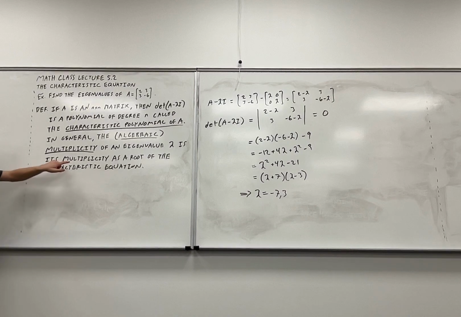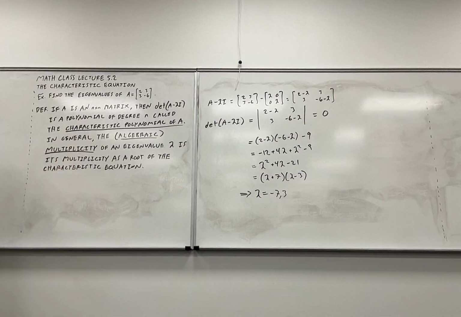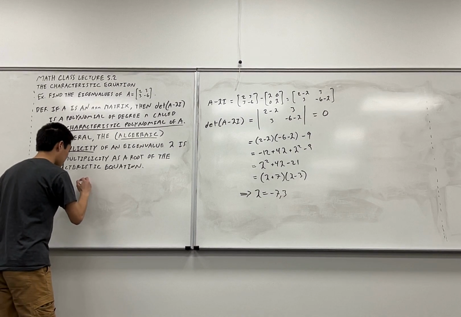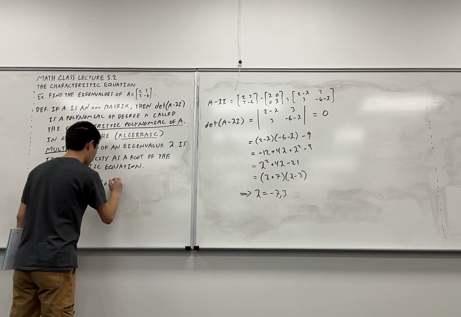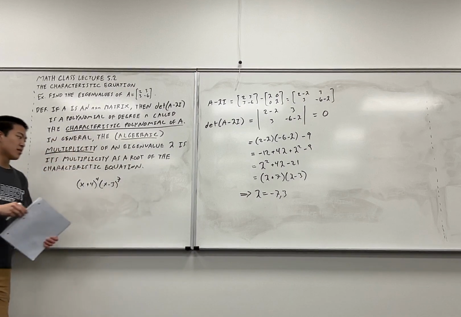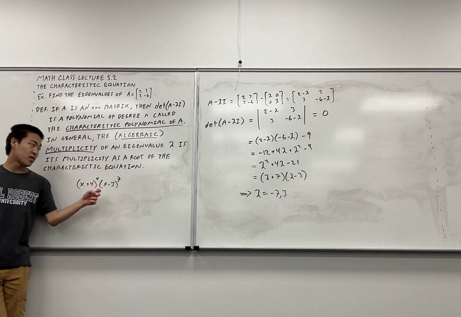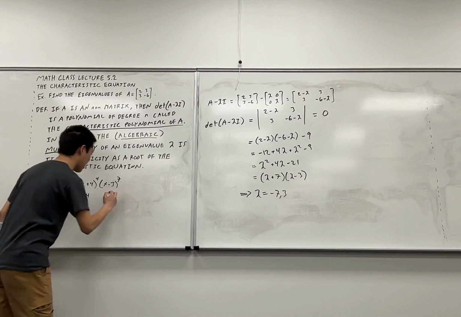Close to. But what makes it not is because multiplicity for matrices and eigenvalues is a distinct concept from multiplicity of polynomial roots, which is something that I presume you have heard about in your Algebra 2 classes or college algebra. So that would be like if I had just in algebra x plus 4 to the 4th power times x minus 3 to the 7th power, then there's only 2 distinct roots, okay? There's only minus 4 and positive 3. So if we were listing out distinct roots, I would have minus 4 and positive 3.